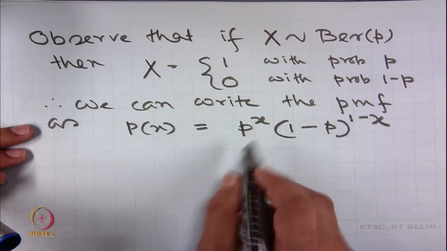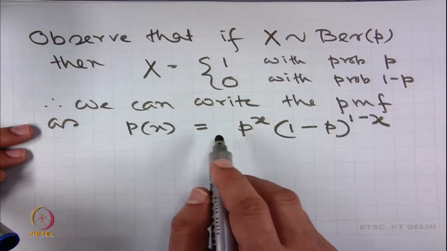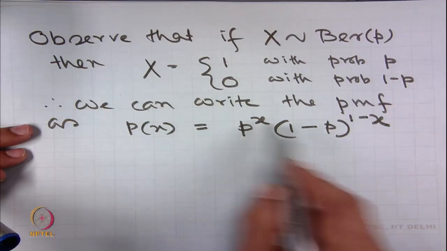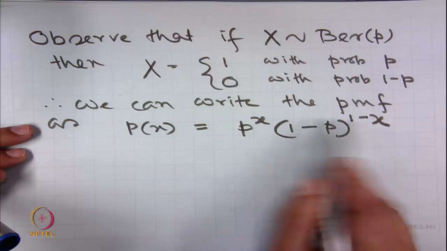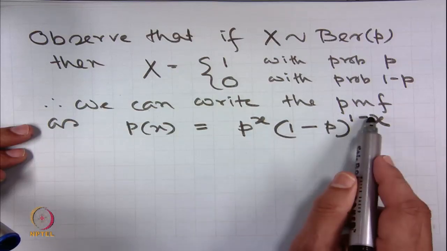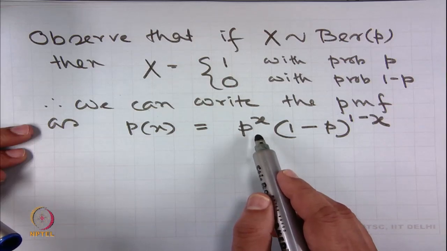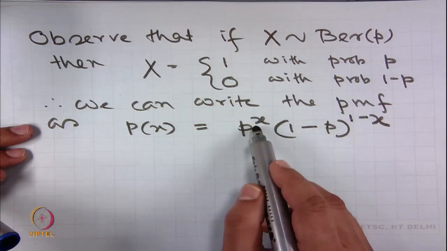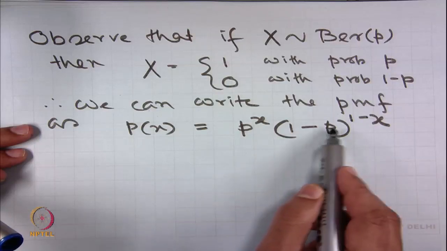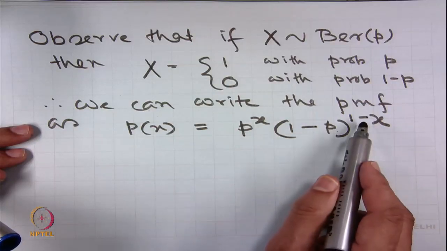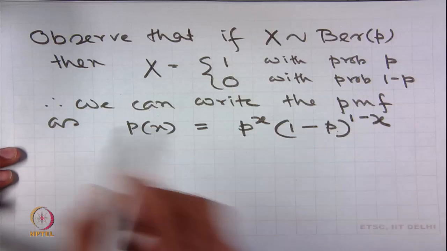So, check that if x is equal to 1, then this is p to the power 1 into 1 minus p to the power 0, therefore, this is p, and if x is equal to 0, then this becomes 1 and this gives you 1 minus p to the power 1, that is 1 minus p.